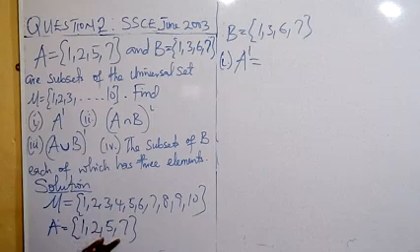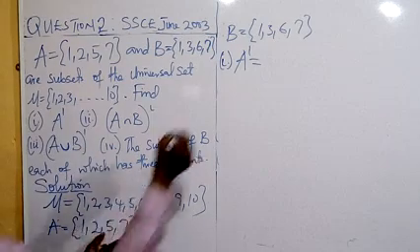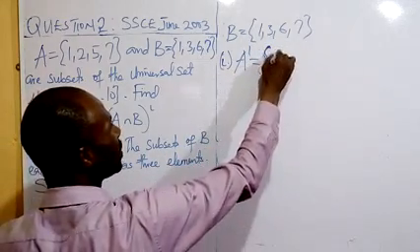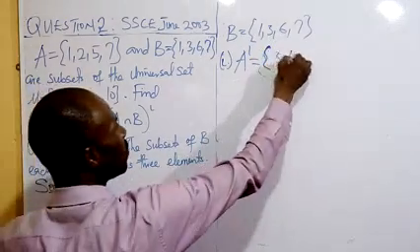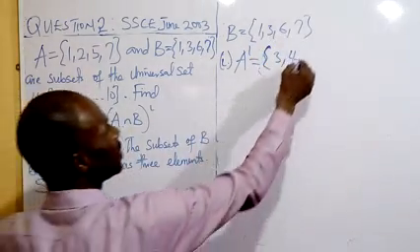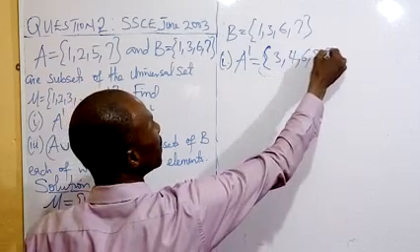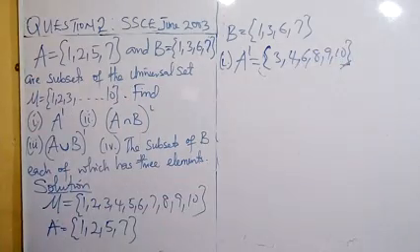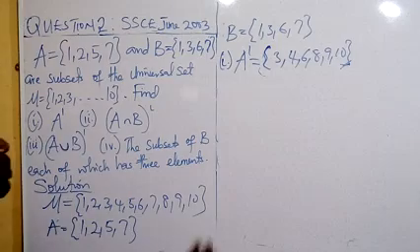What are the elements? We have 1, 2 in A. There is 3, write 3. There is 4. Then 6, 8, 9, and 10. That is our A prime, or you call it A complement.